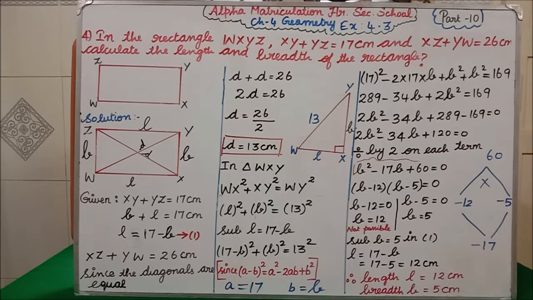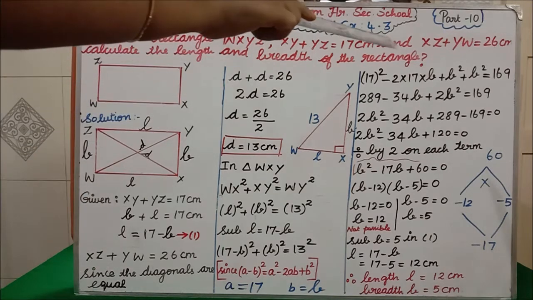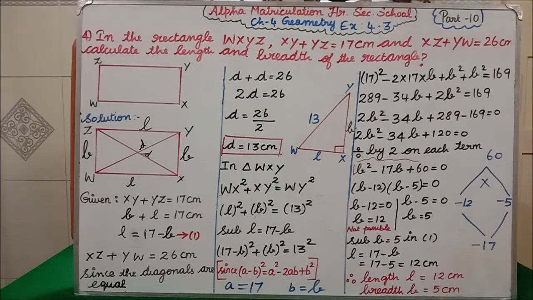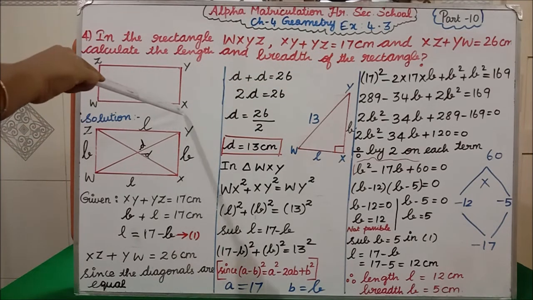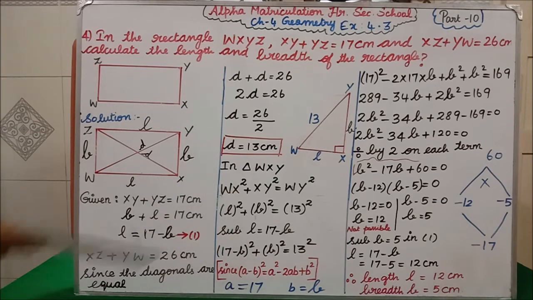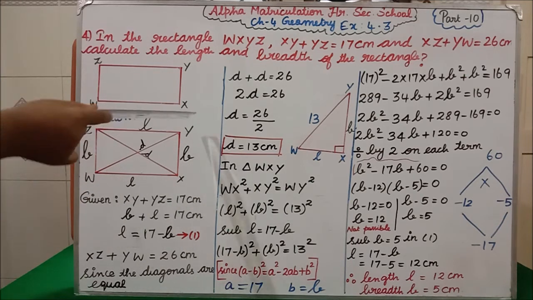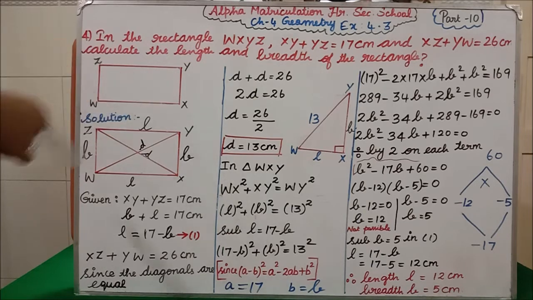And XZ plus YW equal to 26 centimeter. In the solution I have drawn the diagram like that. See, from X to Z I have drawn one line, and from Y to W. This line is called the diagonal, isn't it?